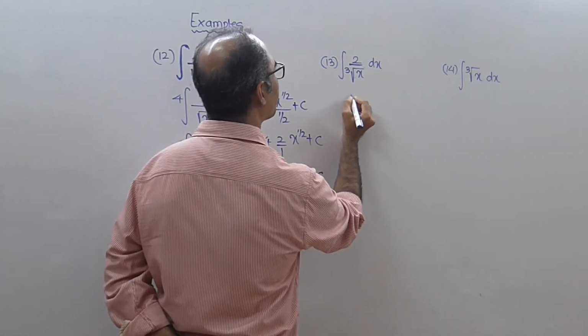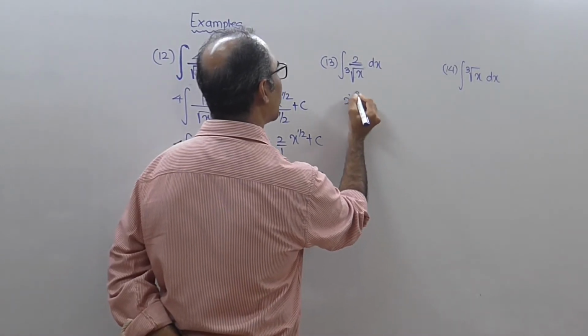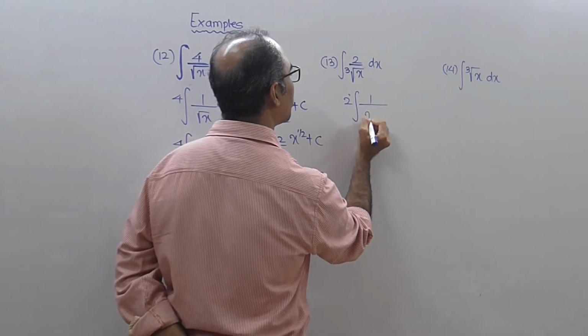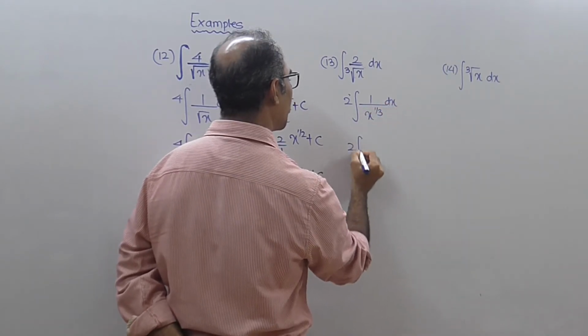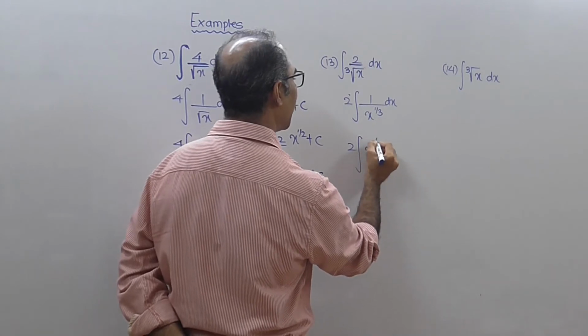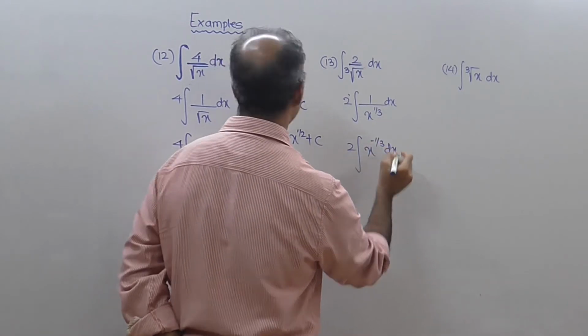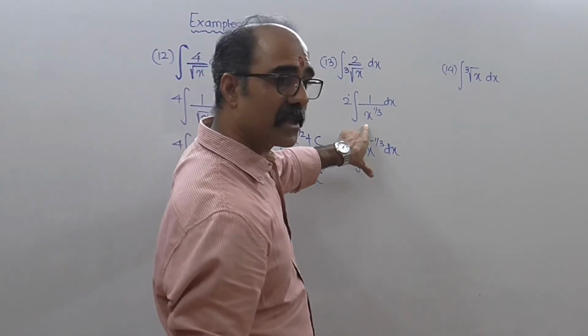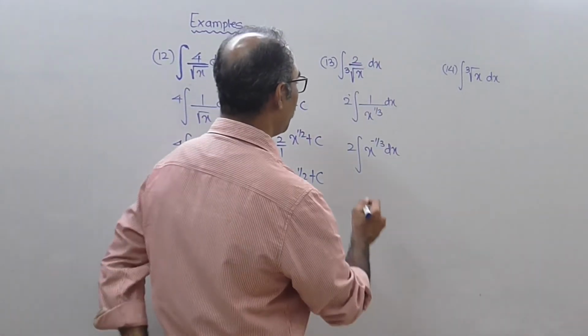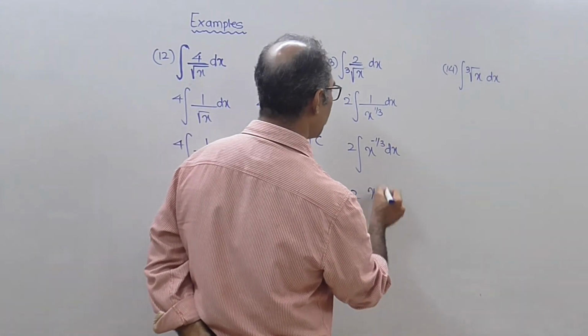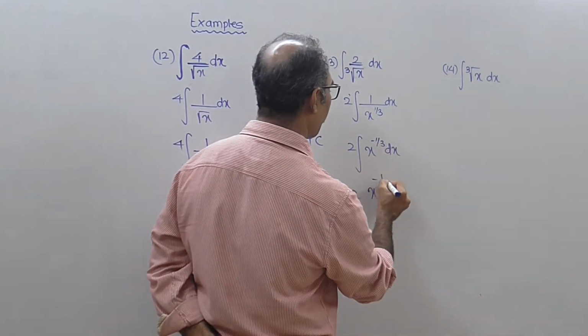Now same way, this is 2 outside. See, cube root of x, there is no integration, but cube root of x is x raised to 1 by 3. So this becomes 2 integration, take it up, x raised to minus 1 by 3. Indices rule: 1 upon a raised to n is a to the power minus n. So this is 2. This is in the form of x raised to n, it's a power function.